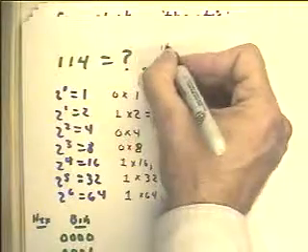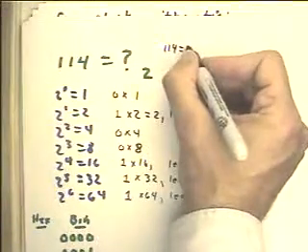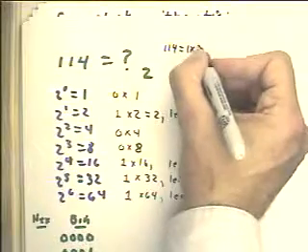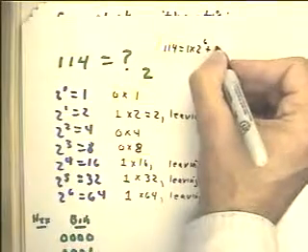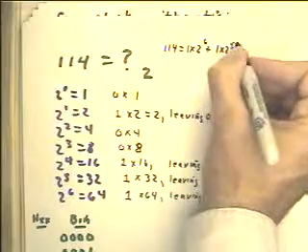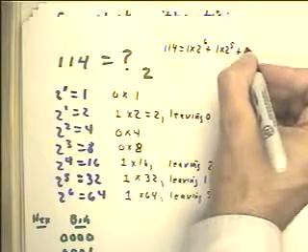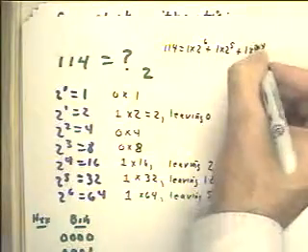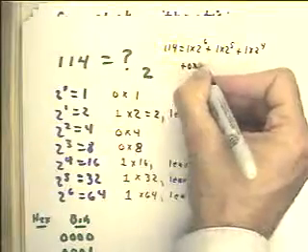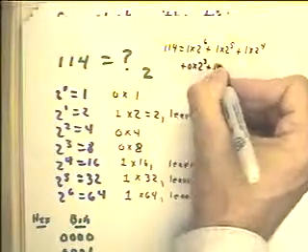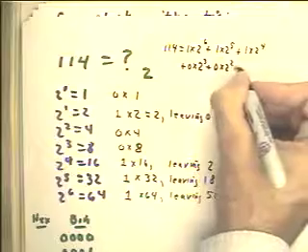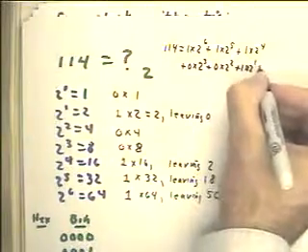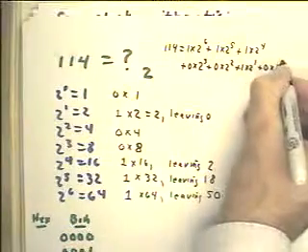So we can say that 114 equals 1 times 2 to the 6th plus 1 times 2 to the 5th plus 1 times 2 to the 4th plus no 2 to the 3rds and no 2 to the 2nds and a 2 to the 1st and no 2 to the 0s.